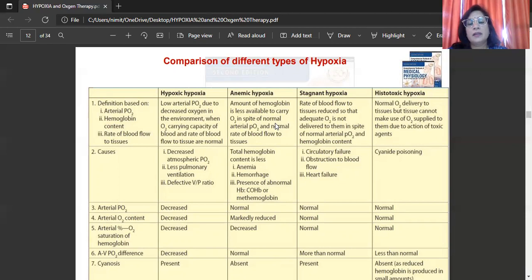Now, another definition: stagnant hypoxia. What is stagnant hypoxia?